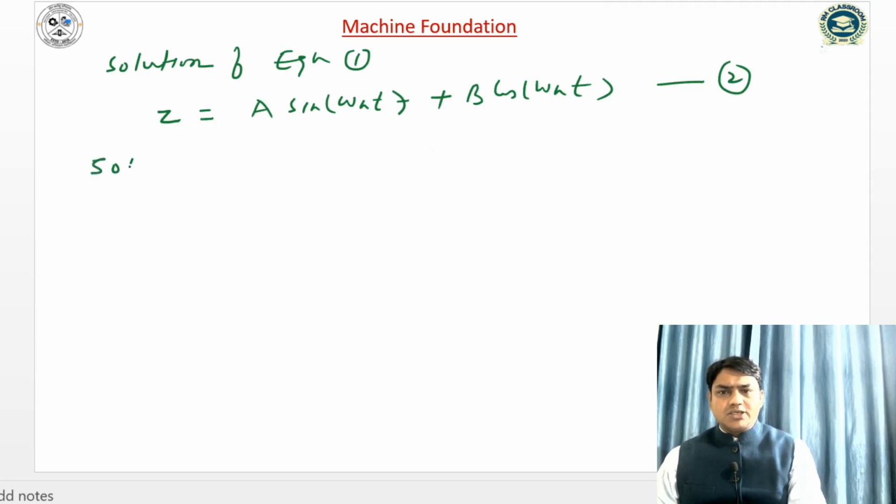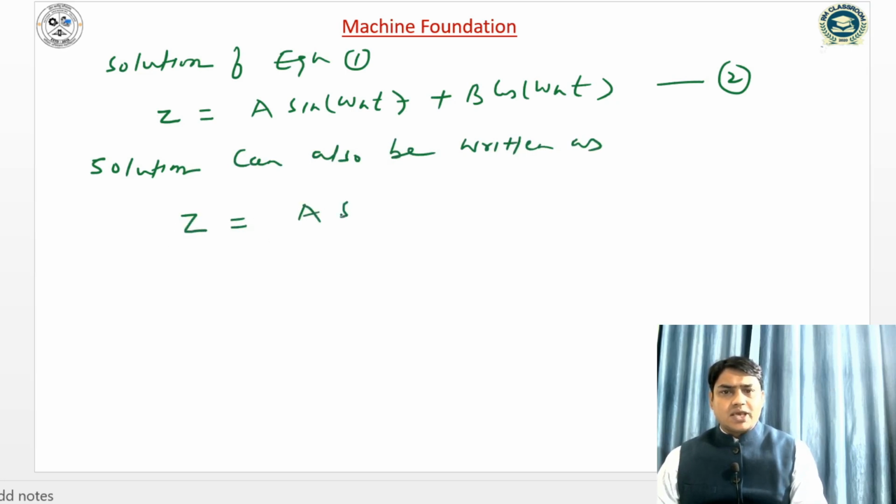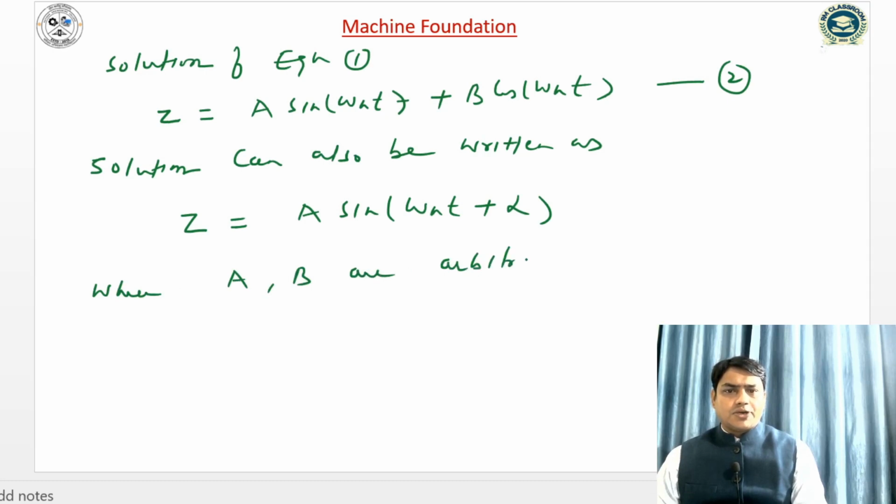The solution can also be written as z is equal to a sine omega nt plus alpha, where a and b are arbitrary constants, and a and alpha are also constants.